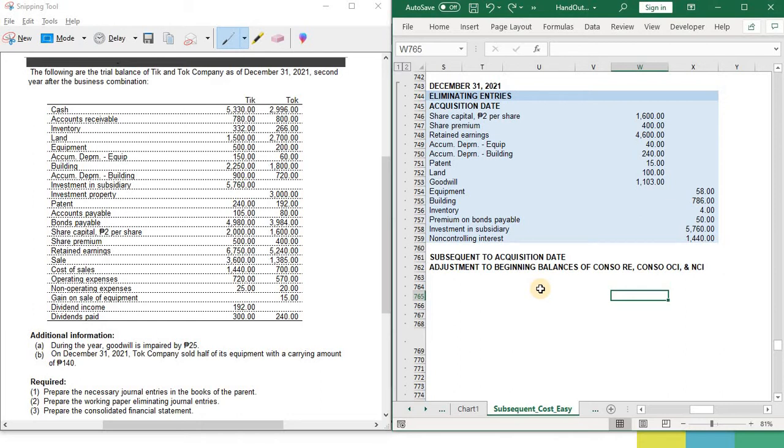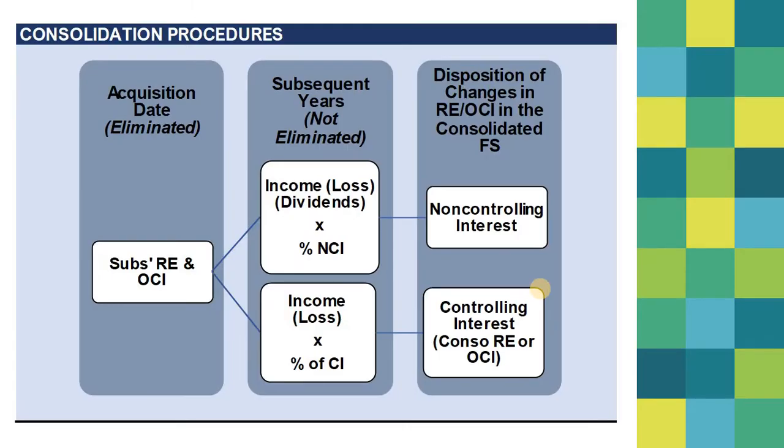That is why we need to distribute the increase to both the controlling interest and the non-controlling interest. Again, using this illustration, the increase in the retained earnings of the subsidiary, which is 5,240 less 4,600, must be distributed to NCI and the controlling interest.